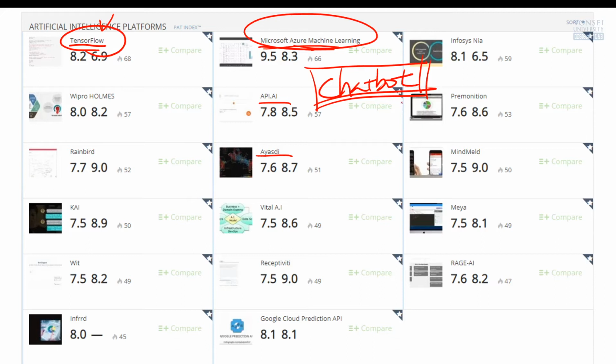Anyway, as I mentioned, we need to take a look at those platforms, but I told you they are so-called general purpose platforms. Okay, take a look.